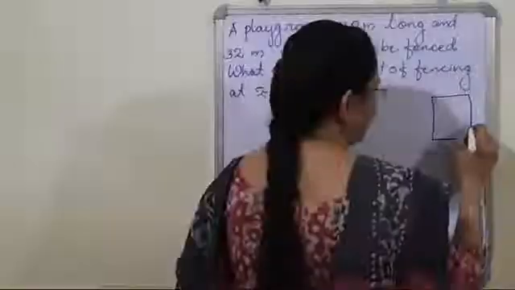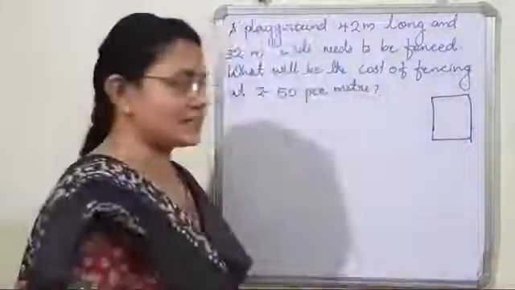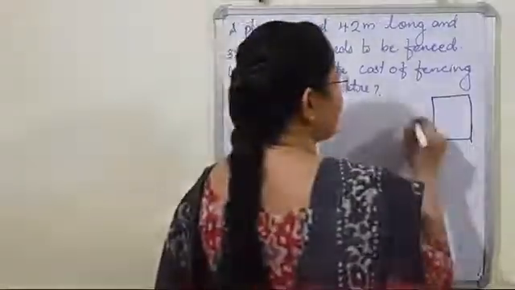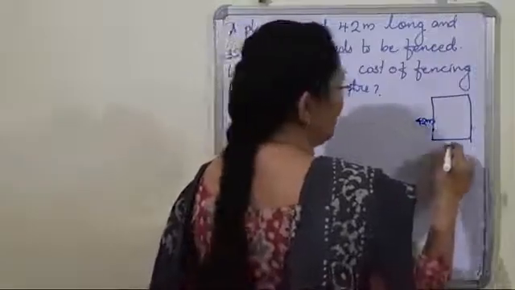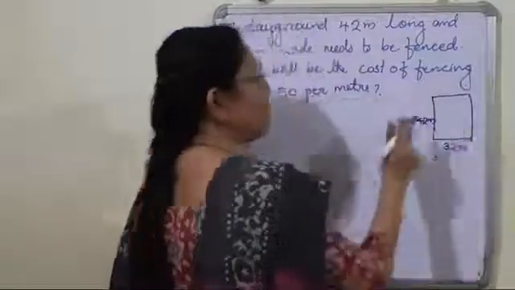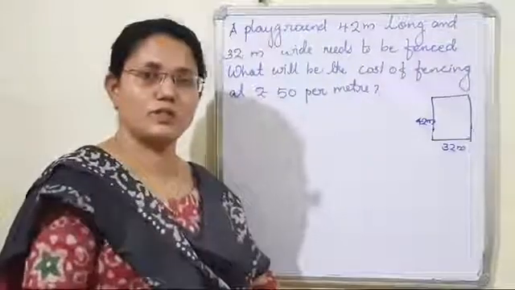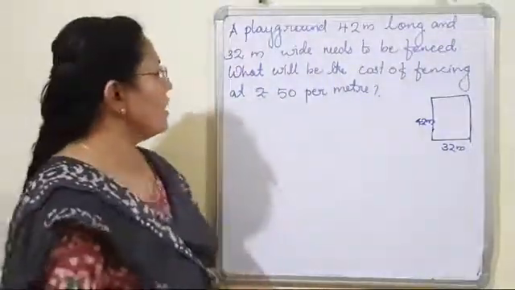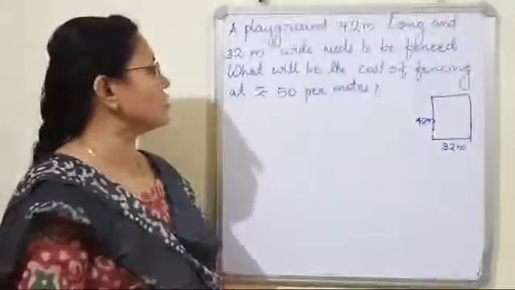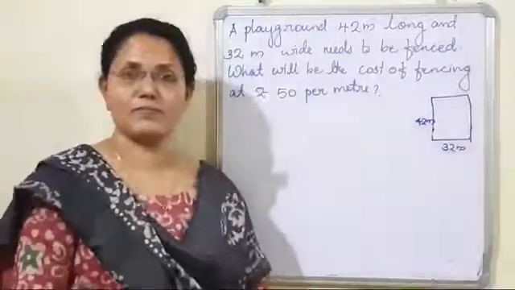Just a playground is there just like a rectangle. Its length is 42 meter and its breadth is 32 meter. It has to be fenced. Okay, means we need to make a boundary. Okay. For this, what will be the cost of fencing at rupees 50 per meter?